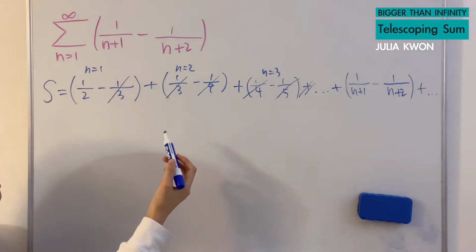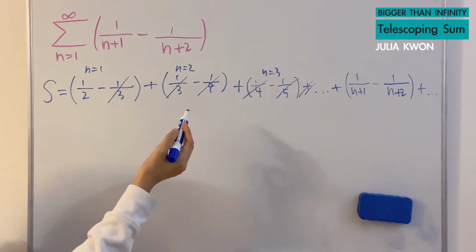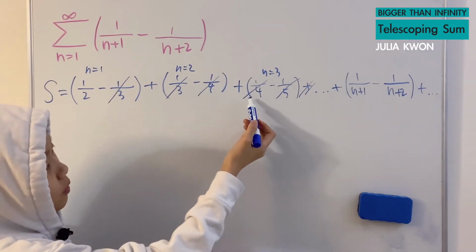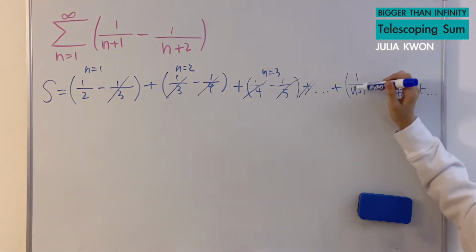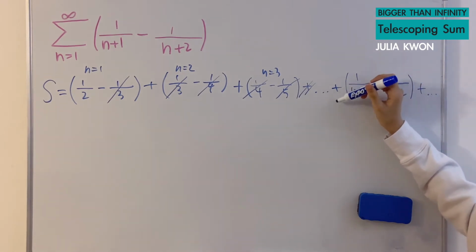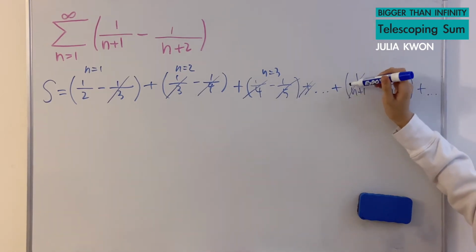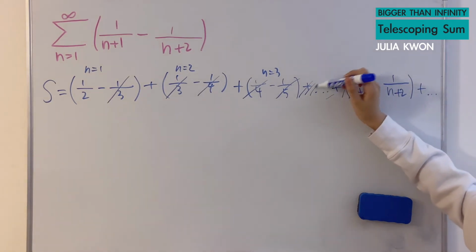But when you have a term that is in the back of a parenthesis, it will cancel out with the one that is right behind it. The 1 divided by n plus 1 will cancel out with the one that is in the front. So everything else in between here will cancel out.